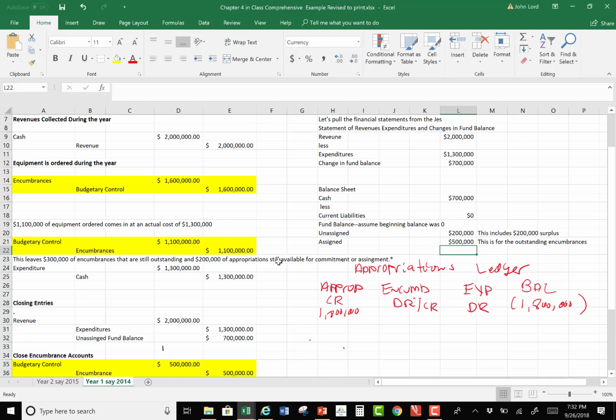Then what? Then I go ahead and I order equipment. And when you order goods, you debit encumbrance, you credit budgetary control, don't you? Okay, so I stick in that debit to encumbrance for 1,600,000, and now the balance in the appropriations ledger is 200,000, isn't it?